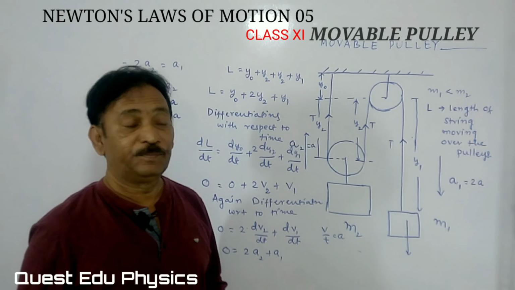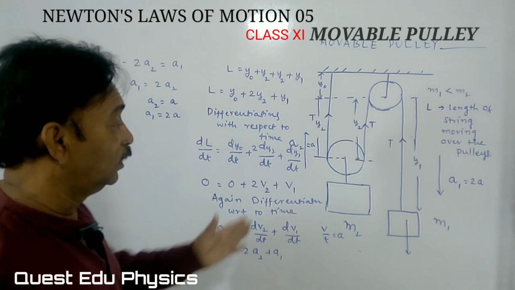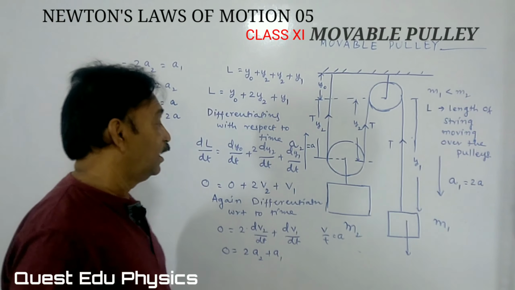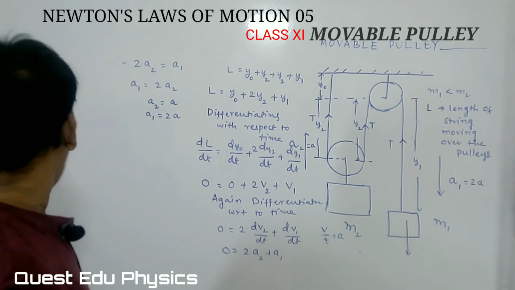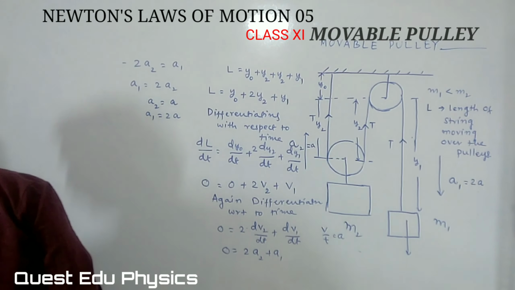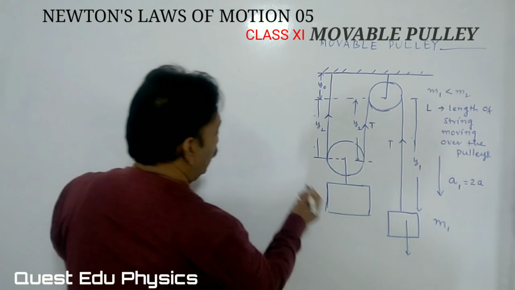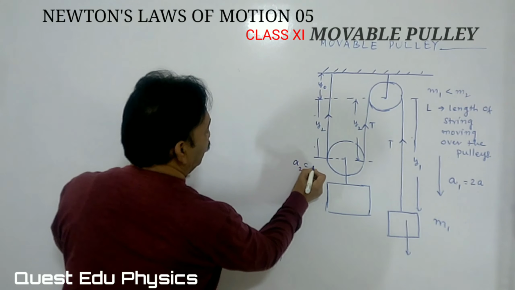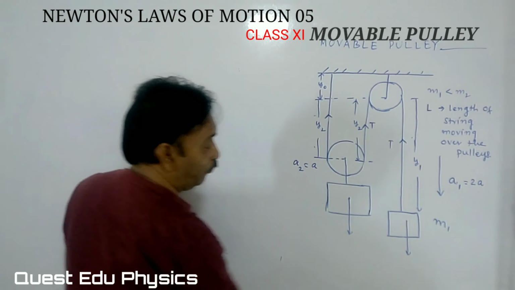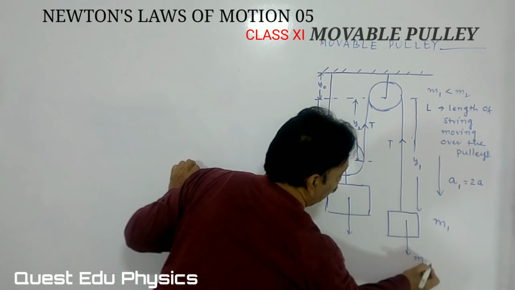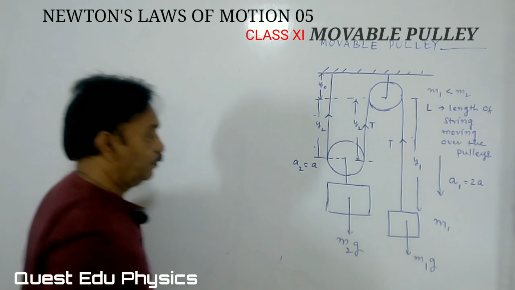Here let's find out the magnitudes of the acceleration, and I said it has a common acceleration, and also we need to find the tension. We got a2 as a, and now if you draw the free body diagrams, it is m1g and it is m2g, students.